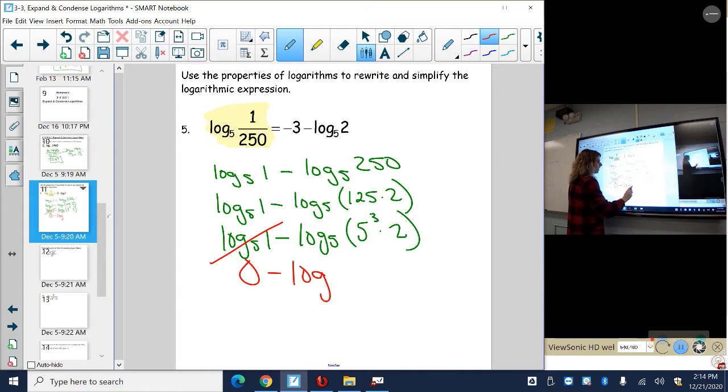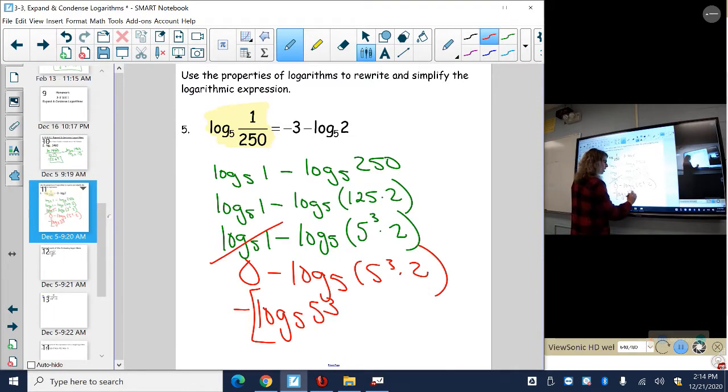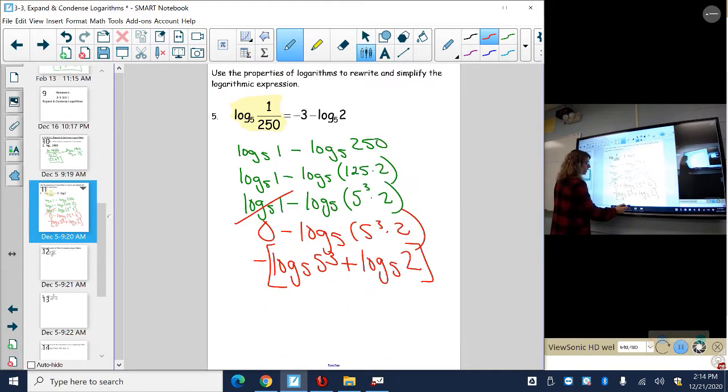So now we have minus log base 5 of 5 cubed times 2. So if I separate these, this is going to be negative, log base 5 of 5 cubed plus log base 5 of 2. And notice I put brackets there.